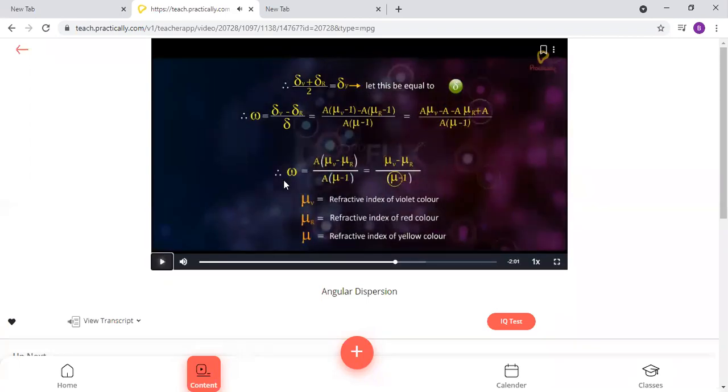Please note that last formula: omega equal to mu V minus mu R divided by mu minus 1. Mu V means refractive index of violet color, mu R refractive index of red color, mu refractive index of yellow color.